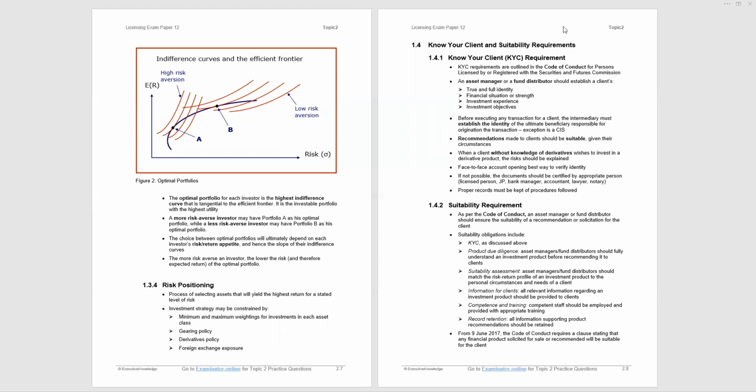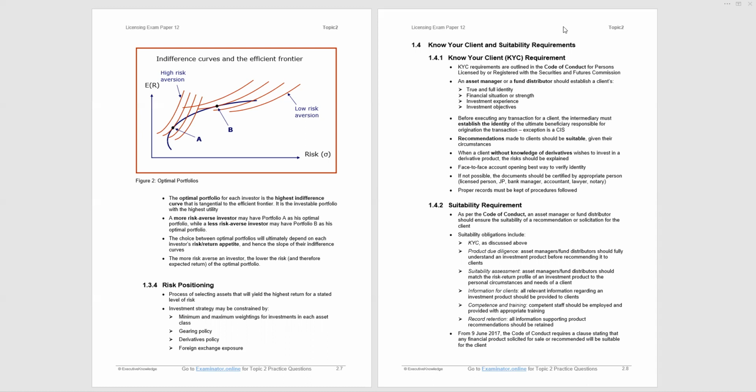So it's a way of putting together this idea that different investors have different risk aversion, different preferences for risk, and so they will be at different parts of the indifference curve.